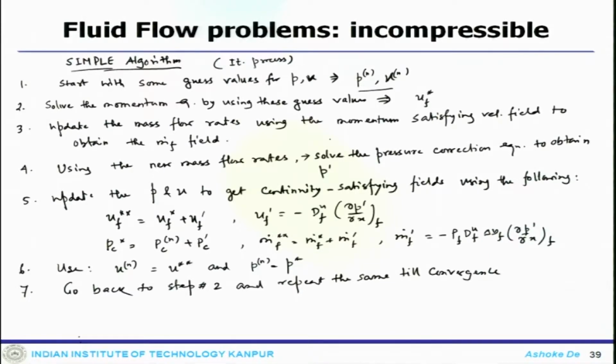And then using the new mass flow rate, which will not satisfy the condition, you obtain the pressure correction equation, and that pressure correction equation you solve for p prime. And then once you get the p prime, you update all the variables using these corrections, which will obviously satisfy the mass. Then you again assign those current values for the next level of iteration, and you go back till you get convergence.